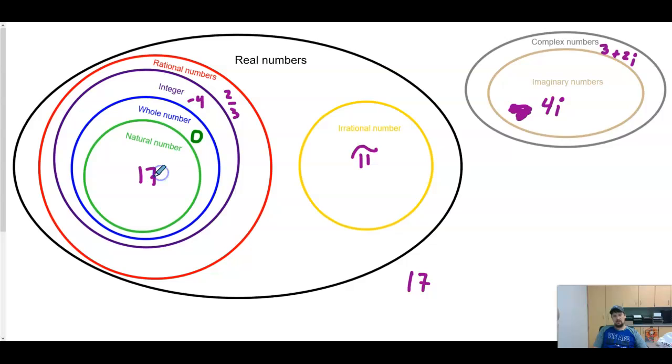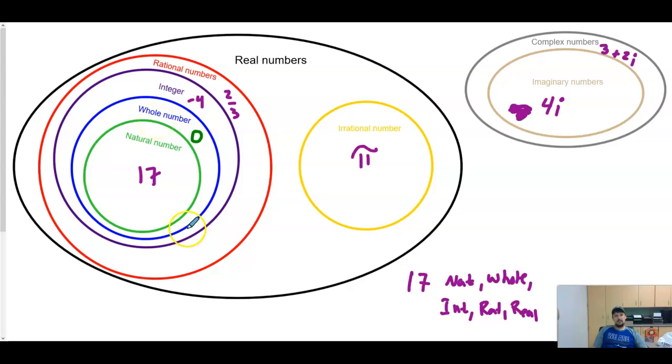So 17 would come in here. And if you're in this circle, you're in the green, blue, purple, red, and black. So you would be considered a natural number, a whole number, an integer, a rational number, and a real number. See, so this guy's in a lot of clubs.